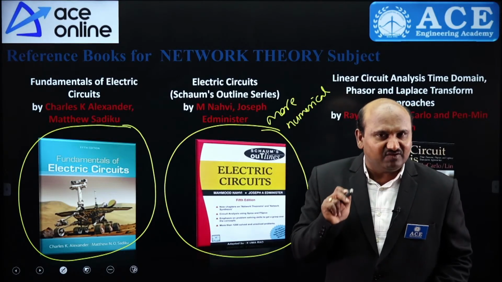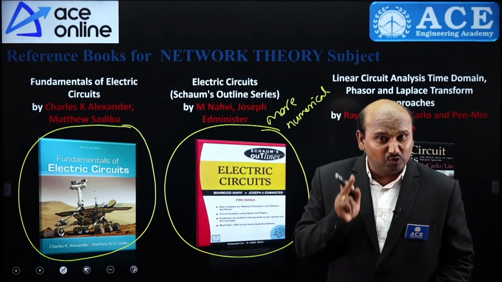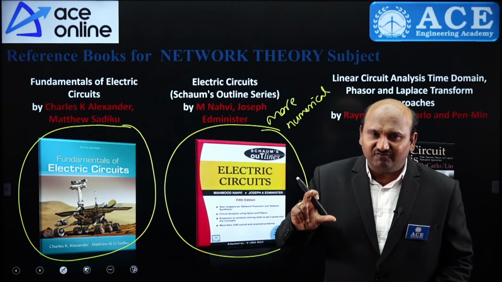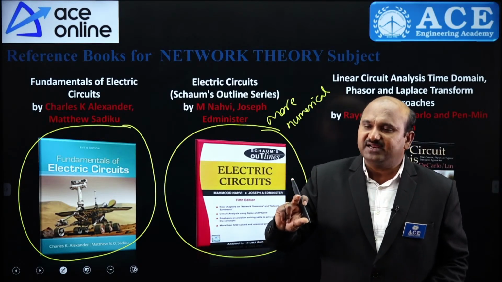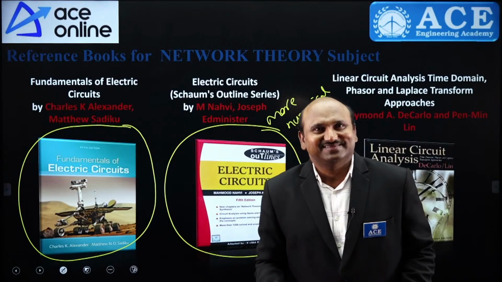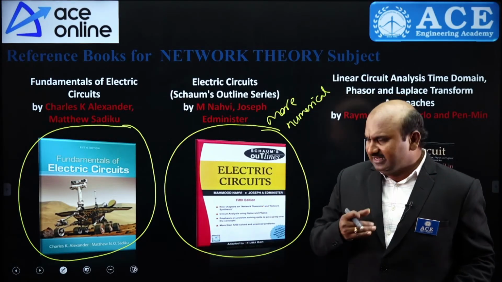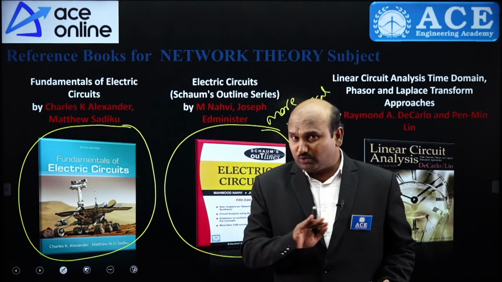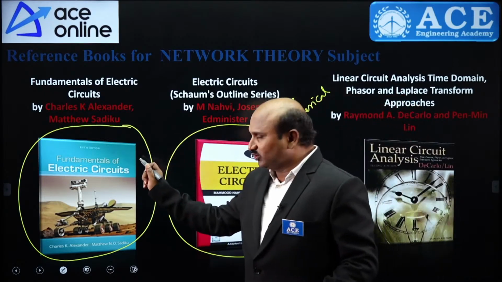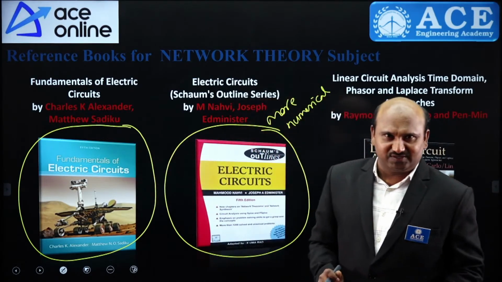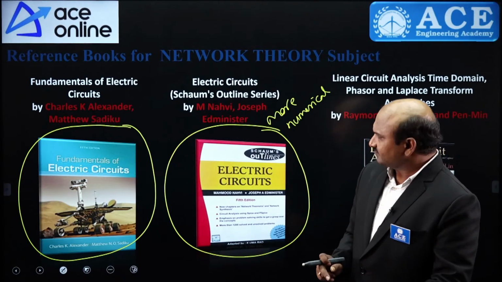The network analysis book by Van Valkenburg covers the theory part, and some topics are interrelated with control systems, such as how the system is damped: over damping, under damping, critically damping. Definitely that is also a very good book. But as per the GATE examination, if you go through this, then it will be good. You can take Van Valkenburg. Not a problem.